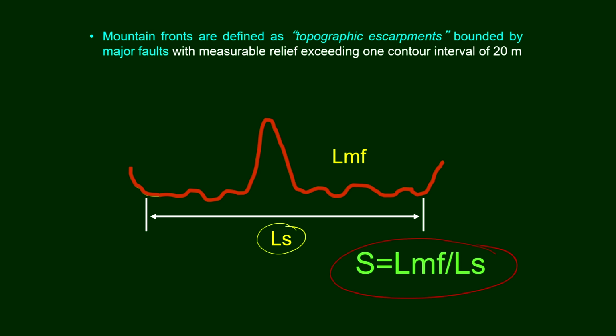So, if you are using topographic maps, you can use the 20 meter contour interval. Nevertheless, you can also use high resolution satellite data, which can help in identifying and extracting the front.